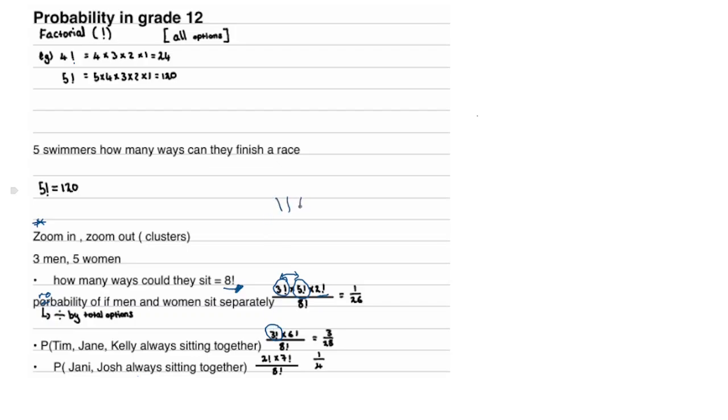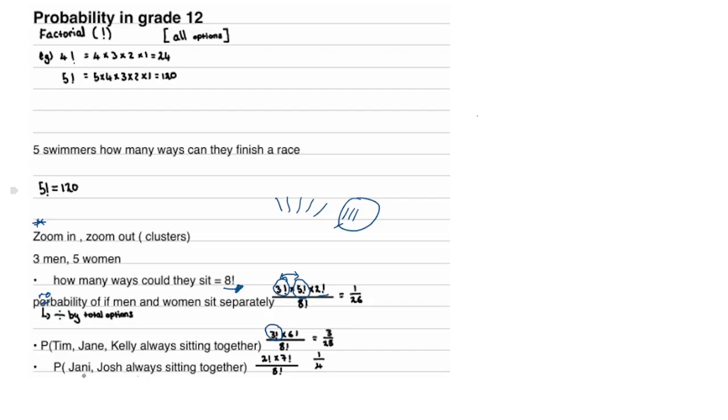So I've got 5 individuals, and then I've got the group of 3. And so when I count, if this was my artistic fingers, 1, 2, 3, 4, 5 individuals and 1 group. So it's 6 that are moving parts. So that's why it's times 6 factorial, and it's always over the total.